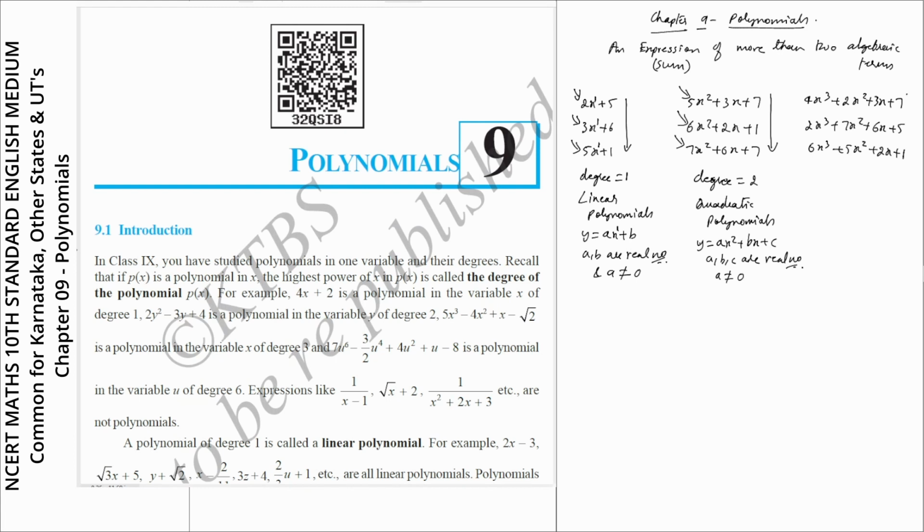And in the third category of polynomials, you can make the observation that the highest power of x is 3. So we say the degree of the given polynomials is 3. Okay, so whenever the degree is equal to 3, we call those polynomials cubic polynomials.